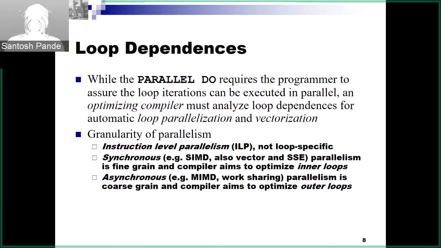That brings us to the concept of automatic parallelization, where optimizing compilers must analyze the data dependencies for loop parallelization and vectorization to be able to say that these particular executions are fine to execute in parallel, and these are not.